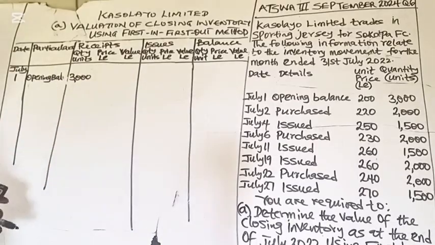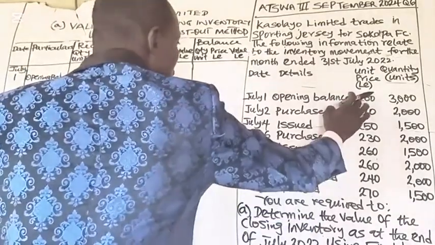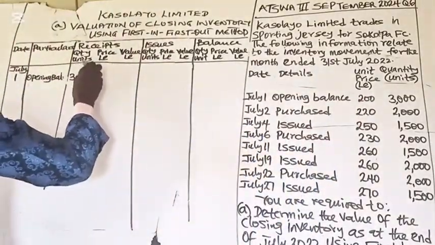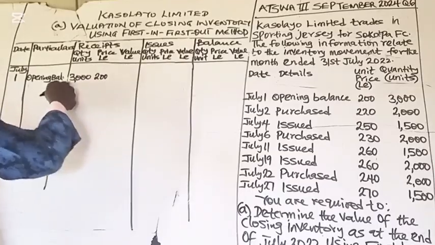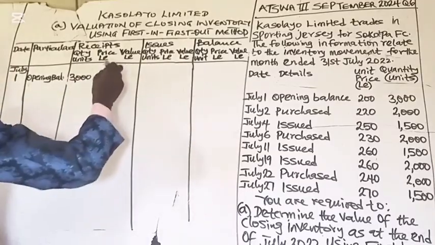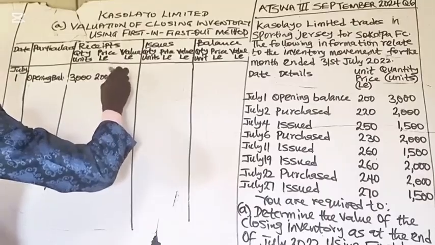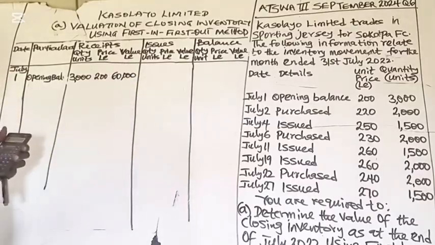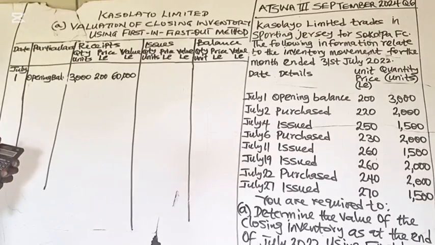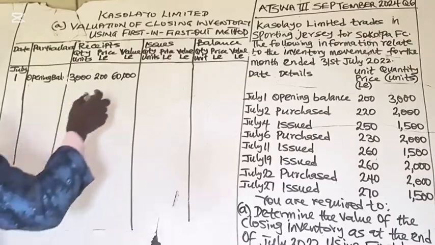And the price is 200 lyon. 3,000 times 200, that will give us 600,000 lyon. That is the value.